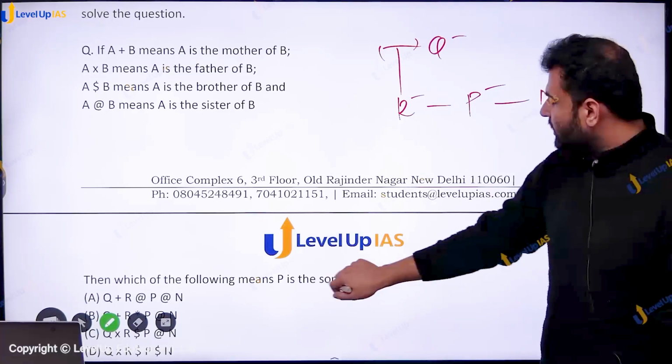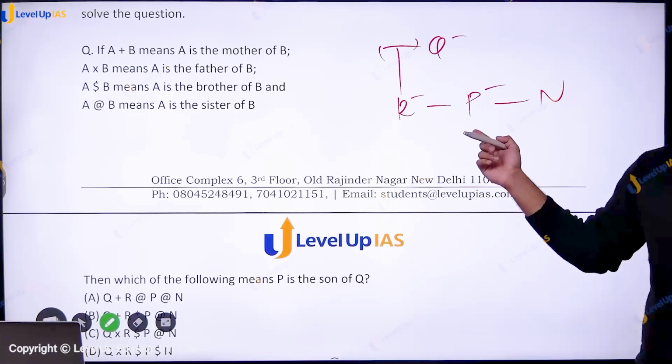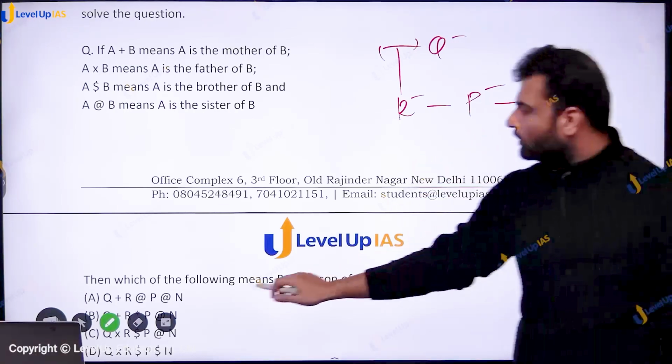Does this mean that P is son of Q? No, P is daughter. P is not son. So option A is wrong.